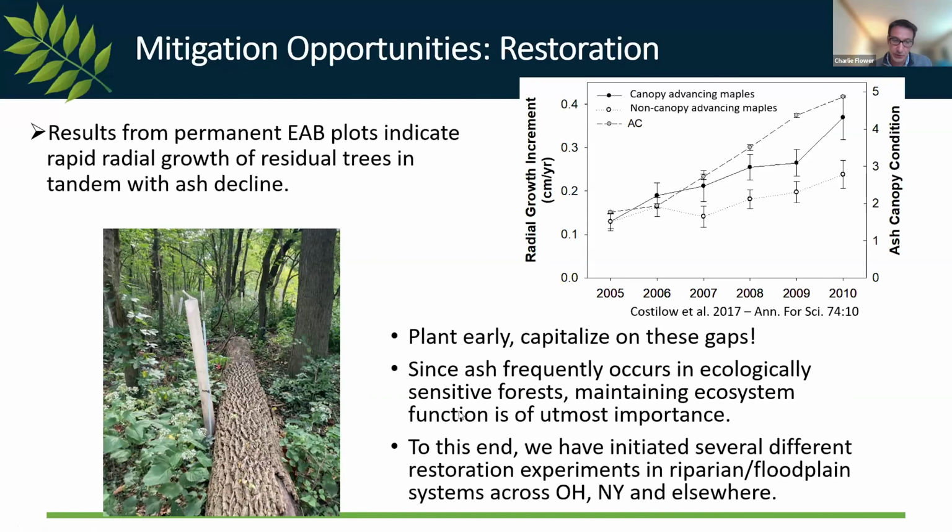One of the species we're using for this is American elm. It's not surprising that we're losing ash here, but ash gained its dominance, generally speaking, in lockstep with the decline of American elm, right? These riparian systems in the eastern United States are really sensitive systems. They're not terribly speciose.